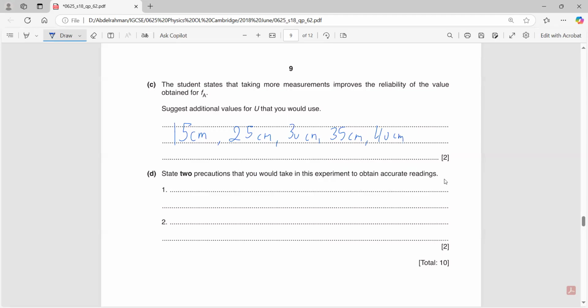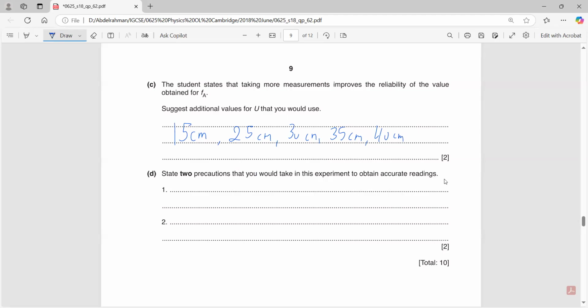State two precautions that you would take in this experiment to obtain accurate readings. This is an experiment on focal length of a lens. So first of all, you need a dark room.